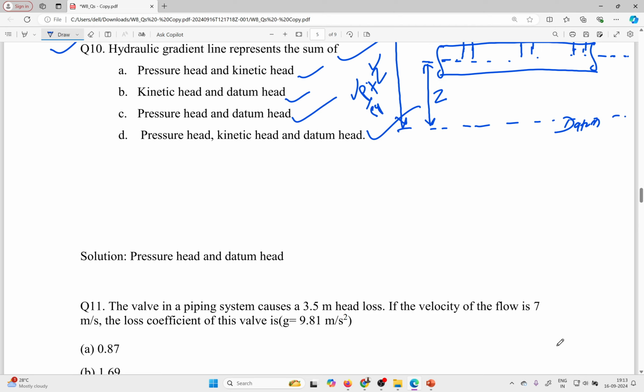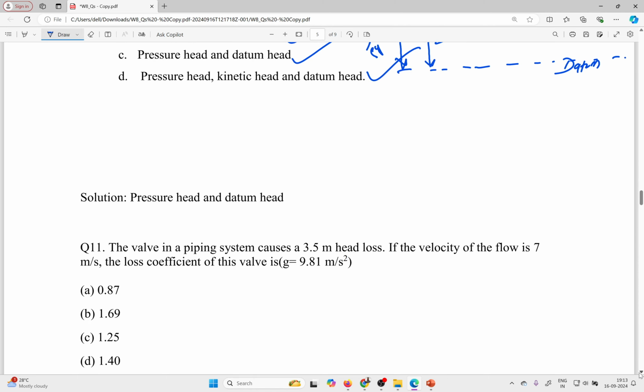Question number 10. Here is some numerical value. Question number 11. The valve in a pipe system causes a 3.5 meter head loss if the velocity of flow is 7 meter per second.